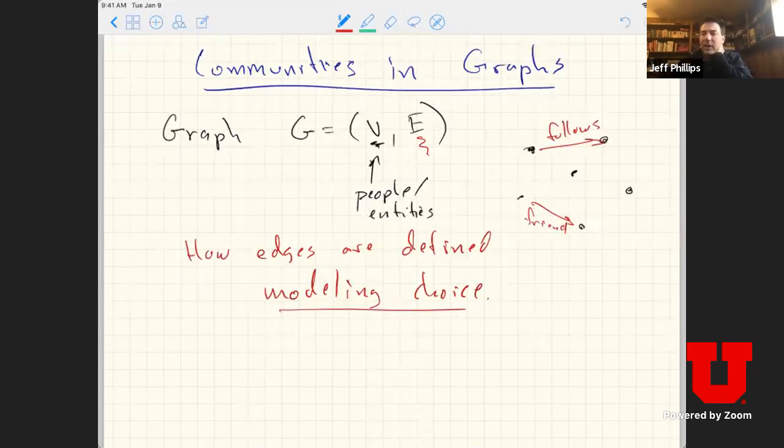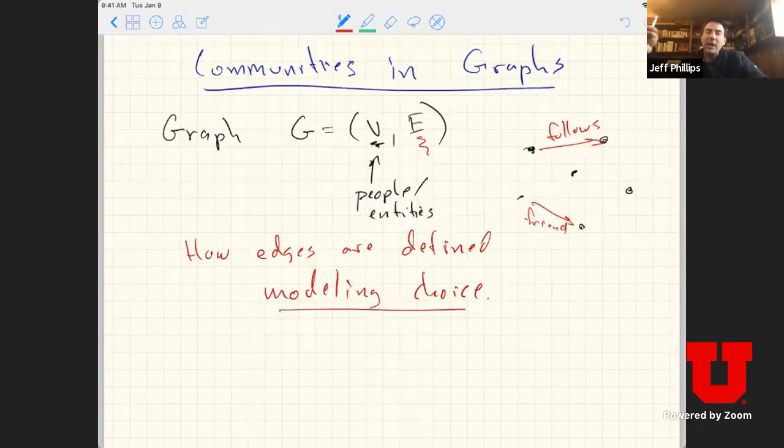One is that there's actually a friend, or they follow someone on Twitter, but there could be other things, where they reply to their tweets, or they interact with the friend in some way by posting something on their page, right? And so there are richer ways you can model these edges. It doesn't just have to be follows or a friend request.